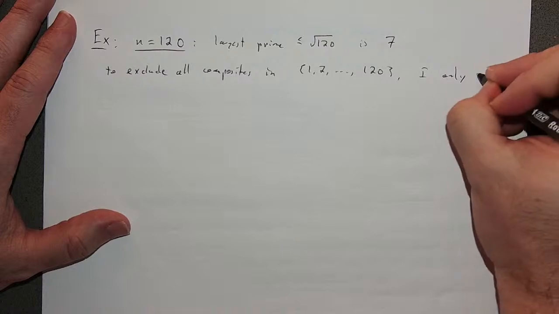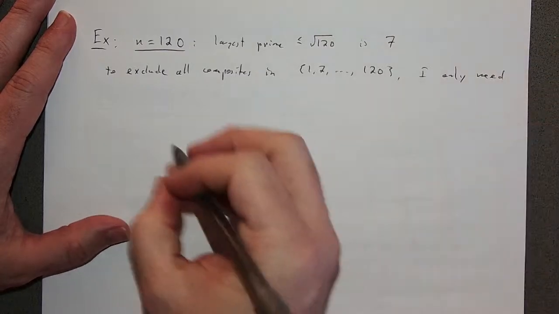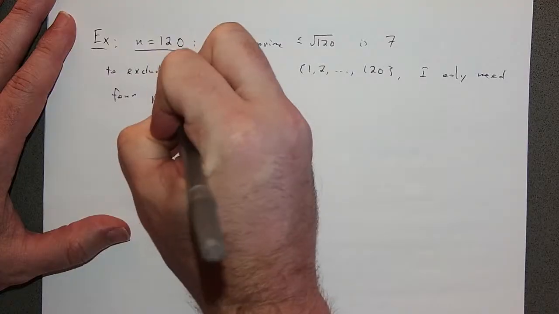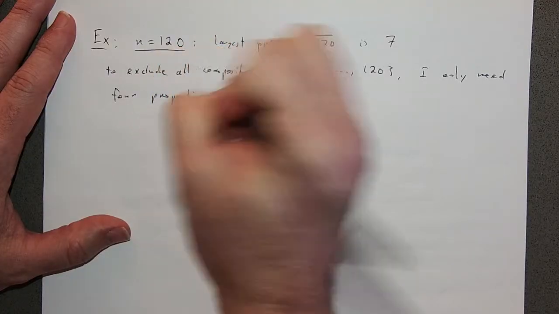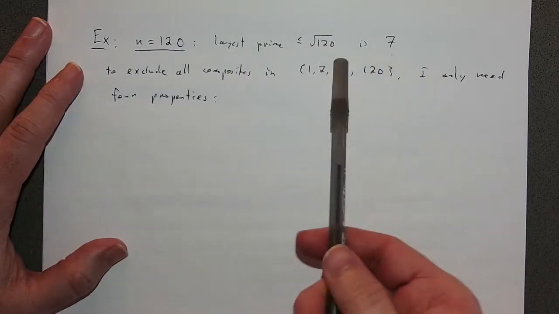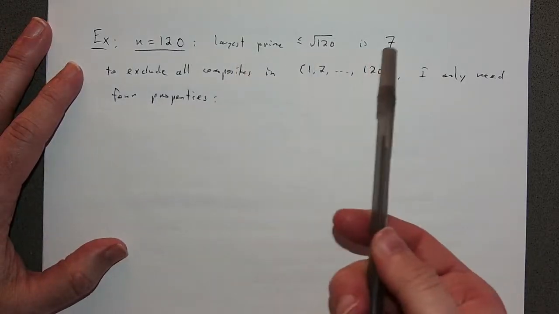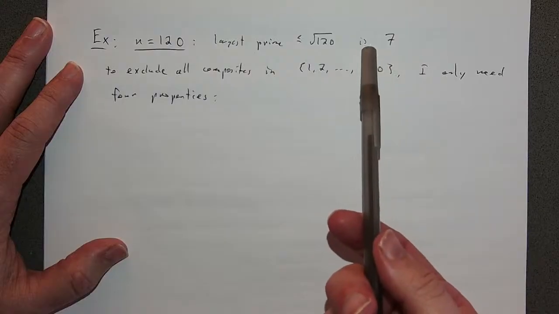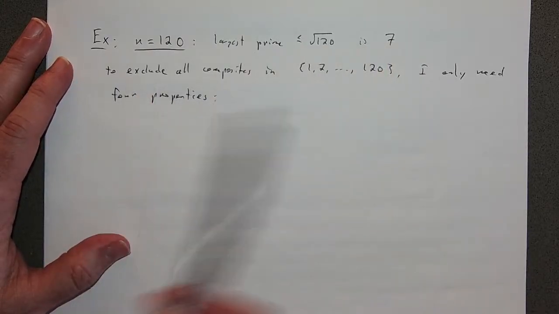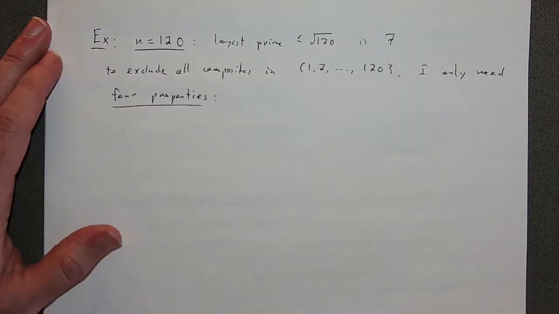I only need 4 properties. The 4 properties come from a count of the previous primes. Because this is small, I know the primes up to 7: 2, 3, 5, and 7, and those are exactly the 4 properties that we need.